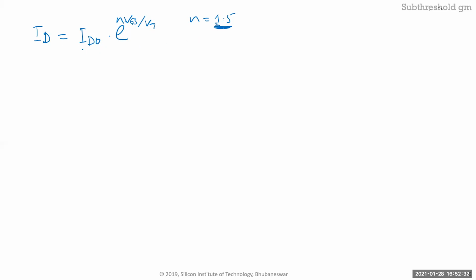In literature, you'll find all sorts of equations. I haven't found a single consistent equation, but this is a good one. Now if I want to find the transconductance, that is, the variation in ID for a variation in VGS, then that is ID0 times e to the power VGS over N VT, times 1 over N VT.